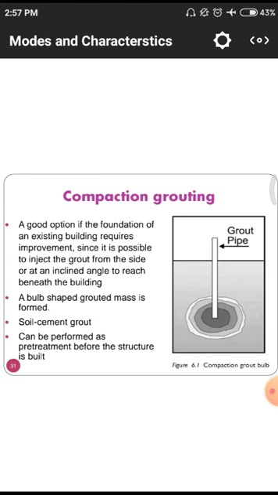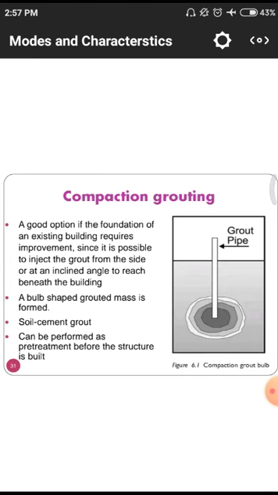It can be performed as a pre-treatment before the structure is built. Utilizing these grouting techniques after construction will take a huge amount of money.